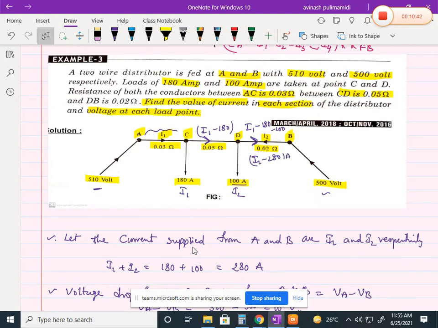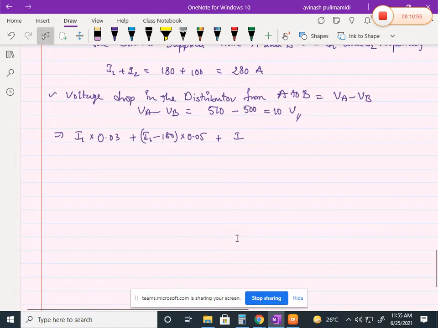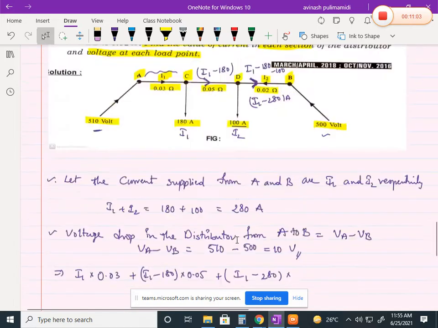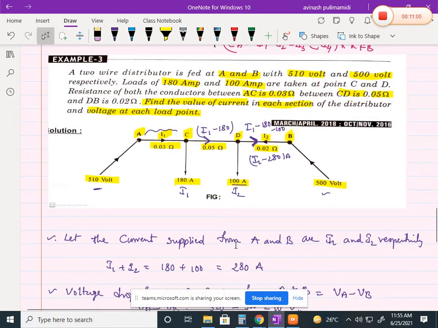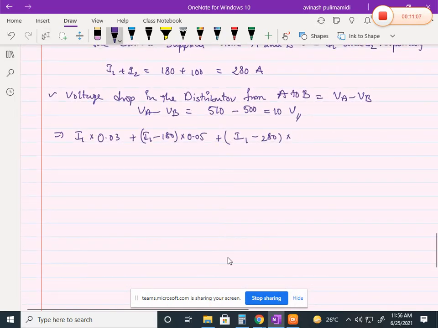Let us take one direction current. Don't take this I2 direction, okay? It is just to indicate that it is feeding from both sides, but you have to take one reference node. That implies I1 minus 280 into, what is the resistance in the DB section? 0.02.